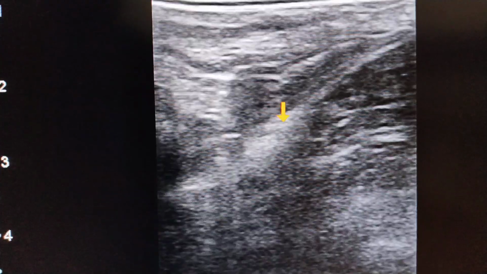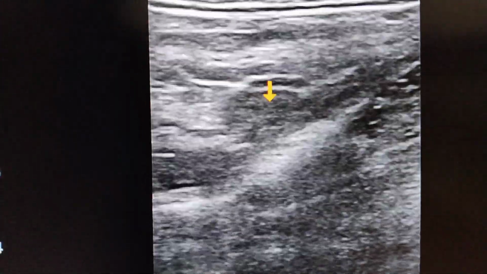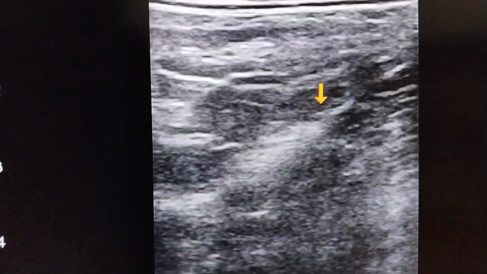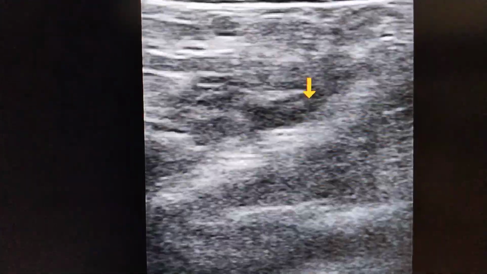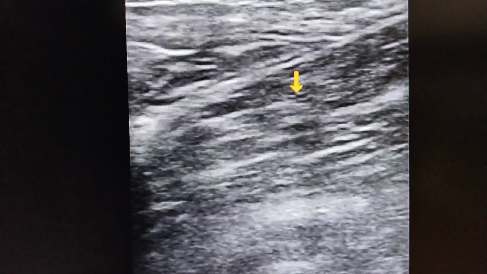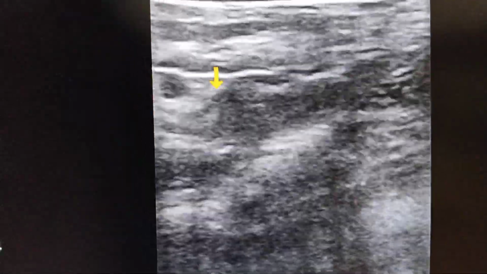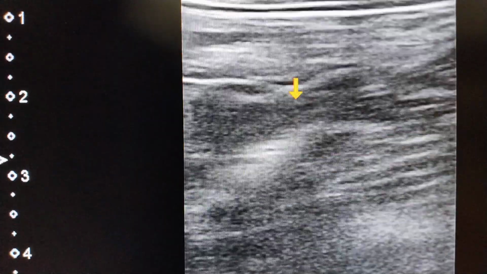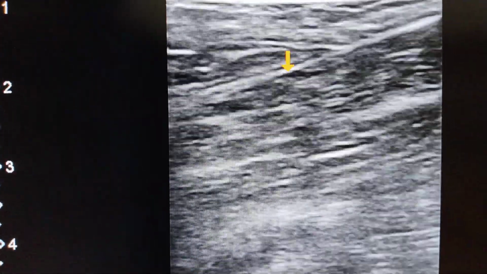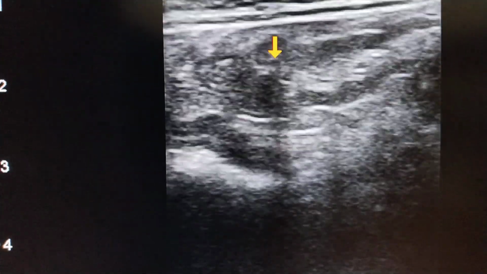This is the cecum and this is the segment of terminal ileum, which is also showing somewhat thickening. Only this region is showing somewhat, otherwise the rest of the ileum is normal looking.